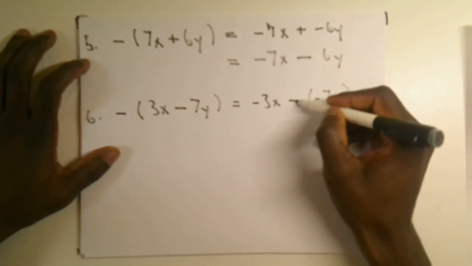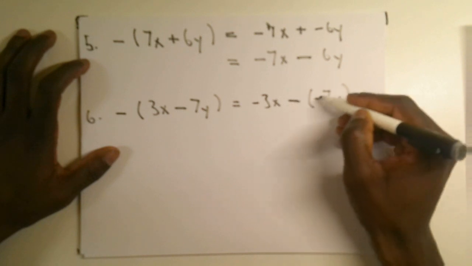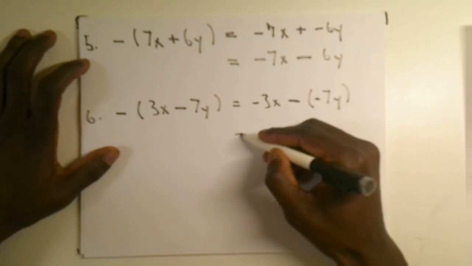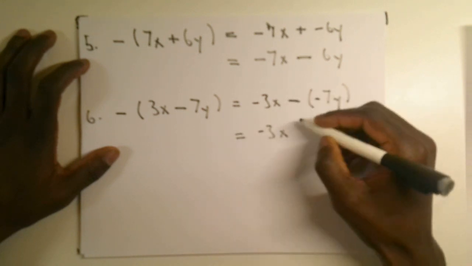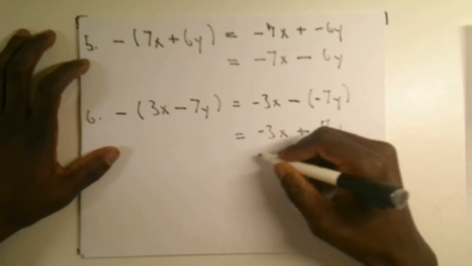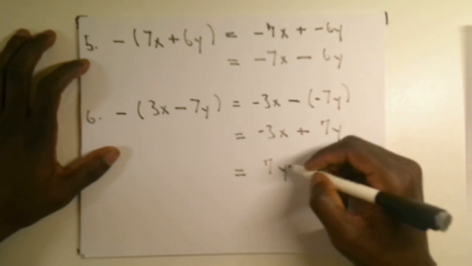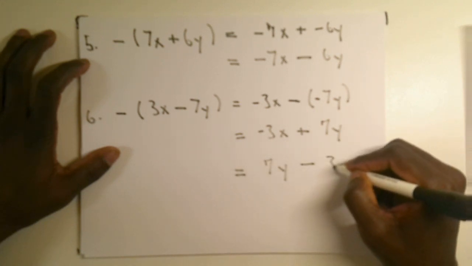And then this minus, this negative sign will resolve into plus 7y. And then we rewrite this expression as 7y minus 3x.